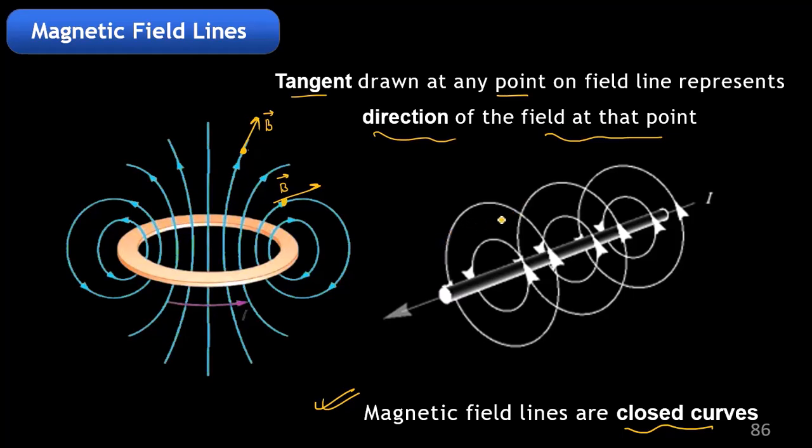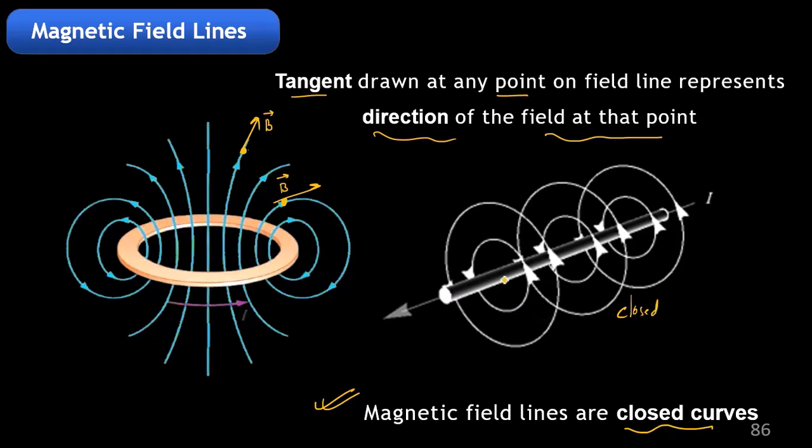But whatever electric field lines we have learned so far are due to charge. Whenever a charge is there, electric field lines come into the picture. Those electric field lines developed due to a point charge or any distributed charge can never exist as closed curves. But whenever I am discussing the magnetic field lines, these are always closed. They are not open.